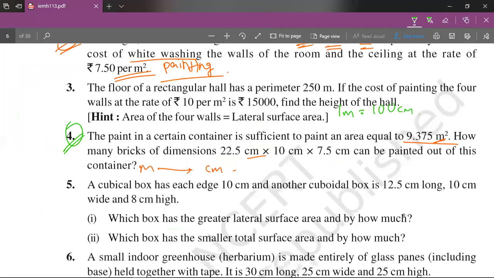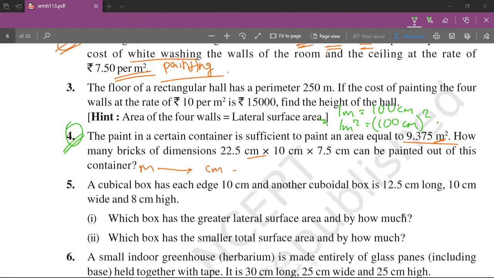We all know this, but 1 meter square will be equal to 100 into 100, that is 100 whole square centimeters. Once we have the area, we have to find the number of bricks. So we'll divide 9.375 meters square by the area that we have gotten, that is 937.5 centimeter square.